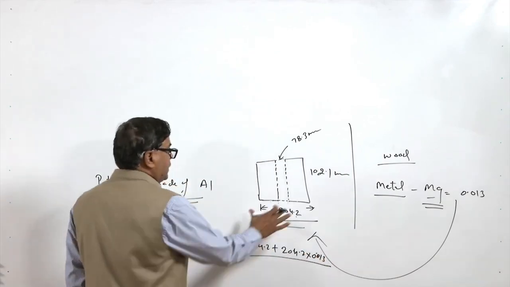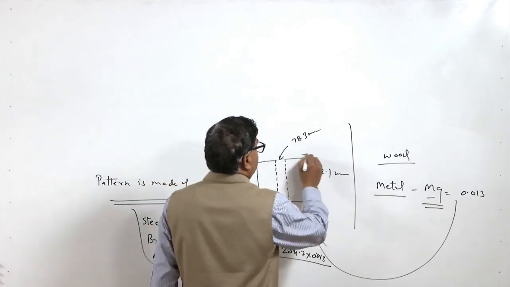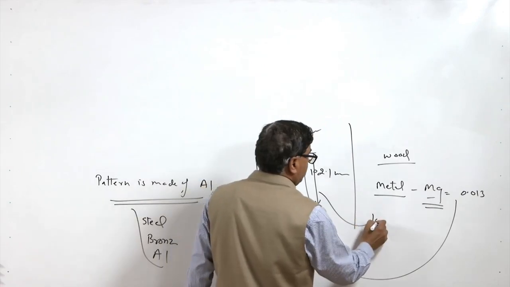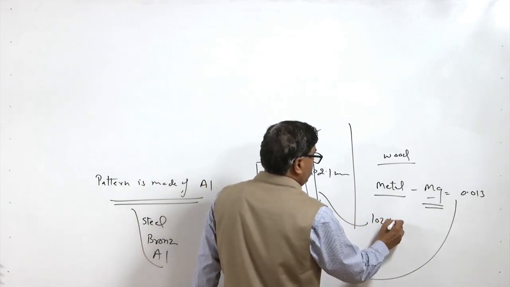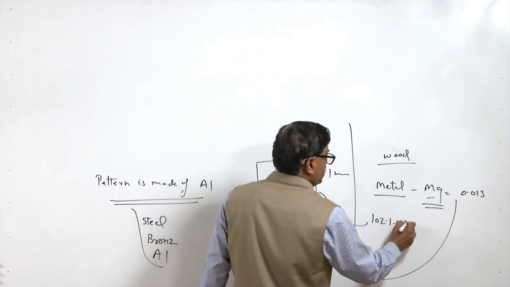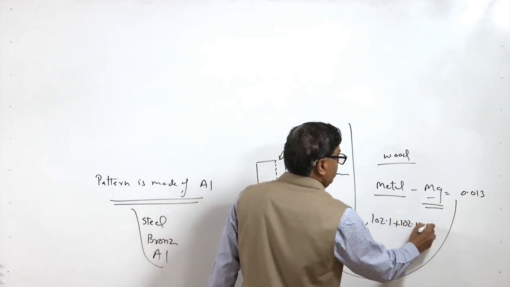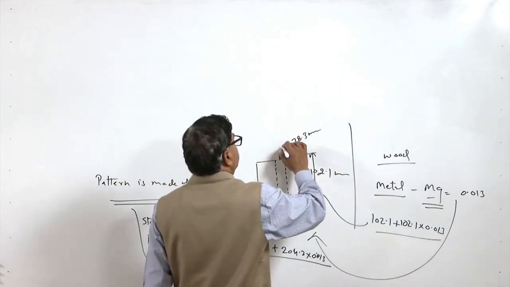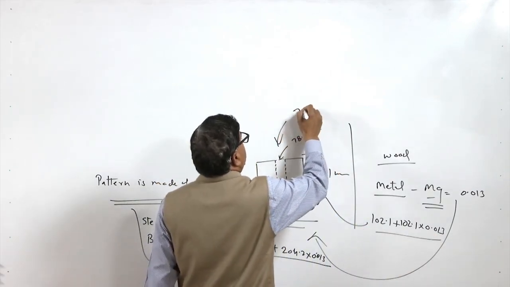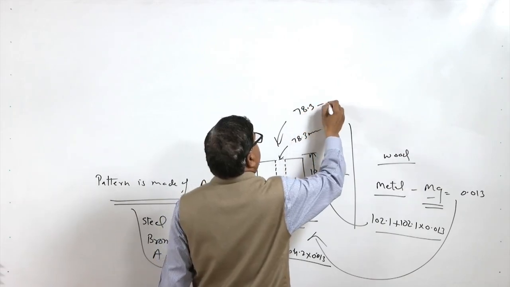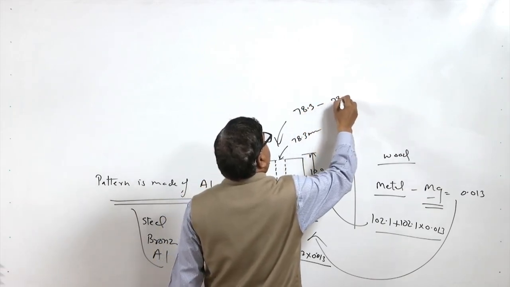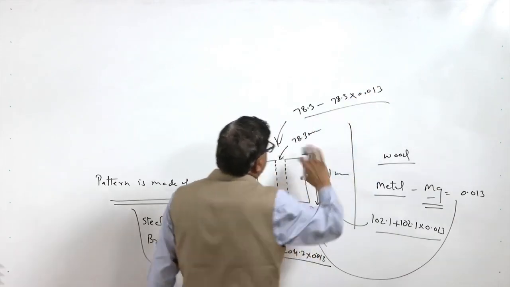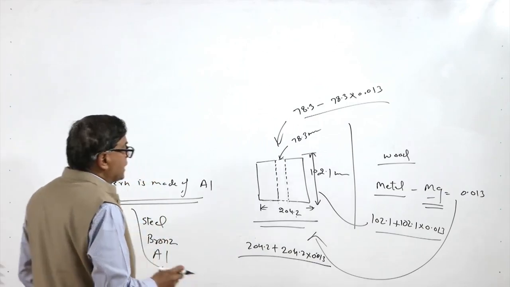So, this is how this dimension will be revised, and then again this dimension needs to be revised using 102.1 plus 102.1 multiplied by 0.013, and this whole is to be reduced further. So, 78.3 minus 78.3 into 0.013. So, this is how all three dimensions will be reduced in this case.